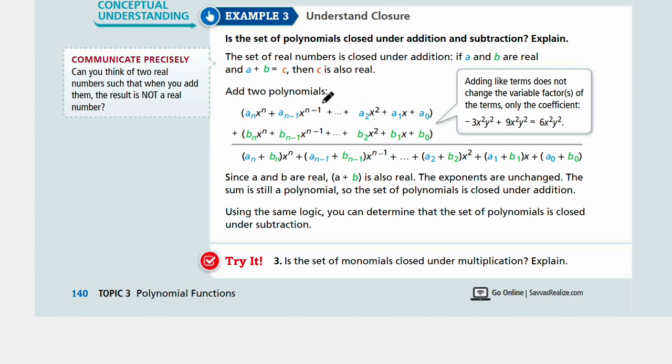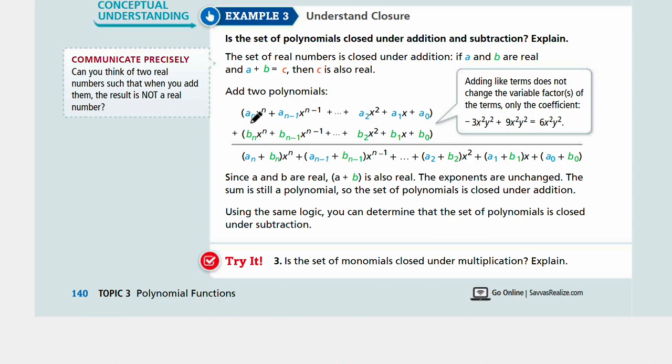So let's see if any polynomials would add up to polynomials, right? So let's assume a sub n times x to the nth power, because a polynomial in standard form will have the greatest number n for your first term, and then your second term will be the next greatest number, and then the next one, and so on until you just get the constant term, a sub 0.